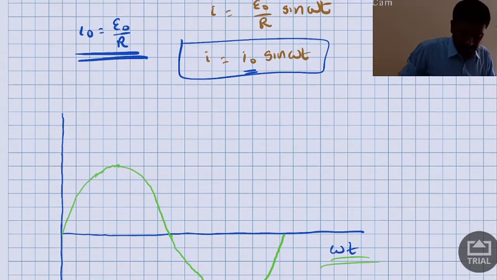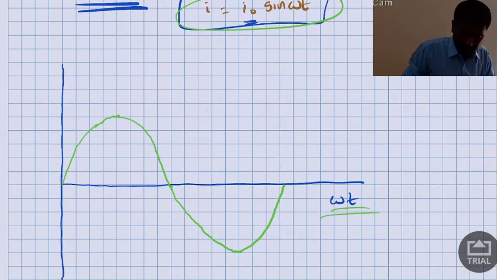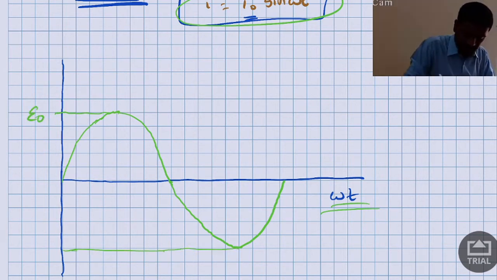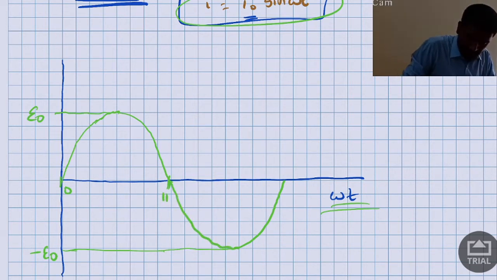Now let us give the details here. This will be your E0, and this will also be E0 but in the negative direction, so it's minus E0. Now this is 0, and omega t here is pi, and there it is 2 pi. I have taken one full cycle. When omega t is 0, the voltage signal is 0.